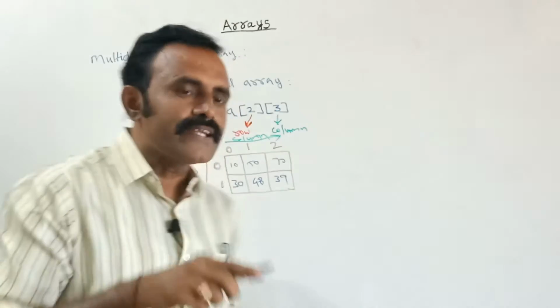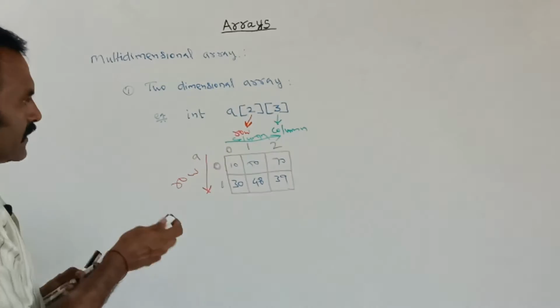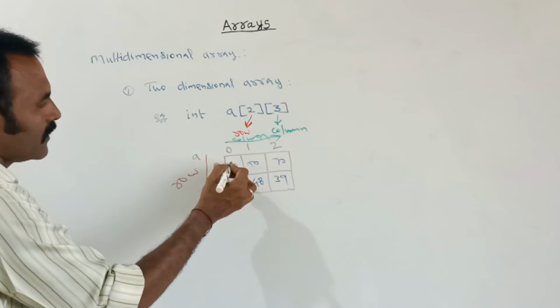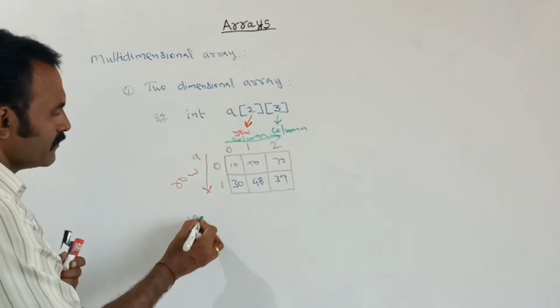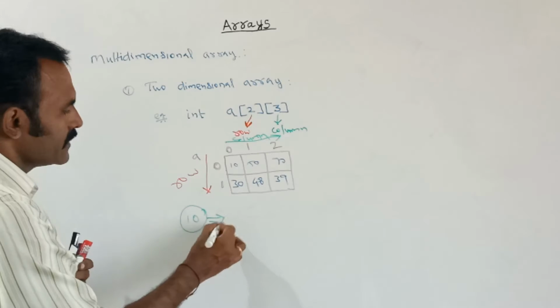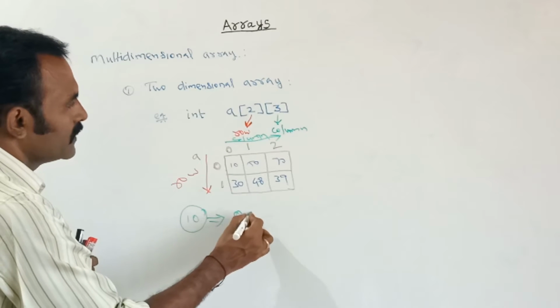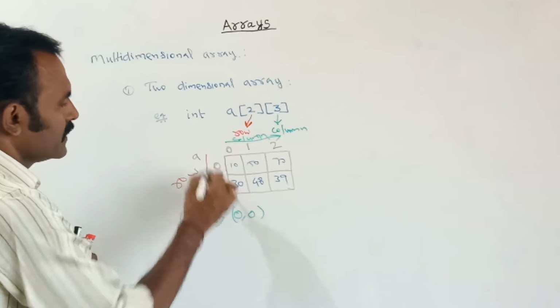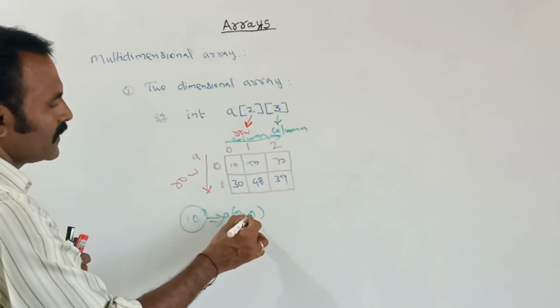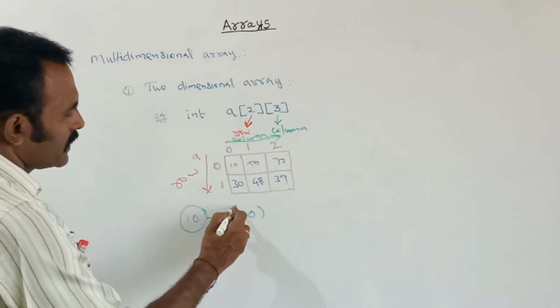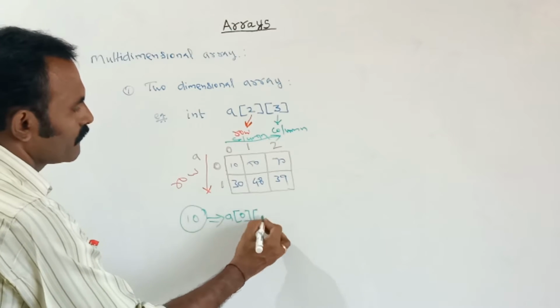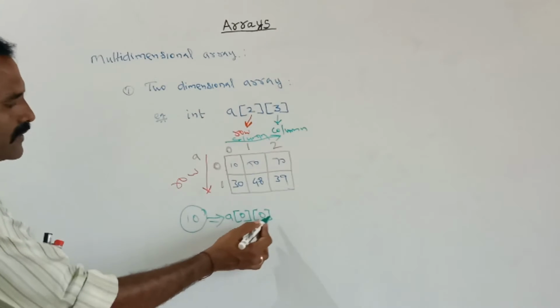It is located inside the 0th row and 0th column. This element 10 is located in the 0th row and 0th column, that is, a of 0, 0.